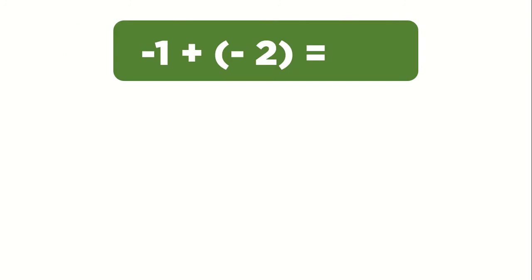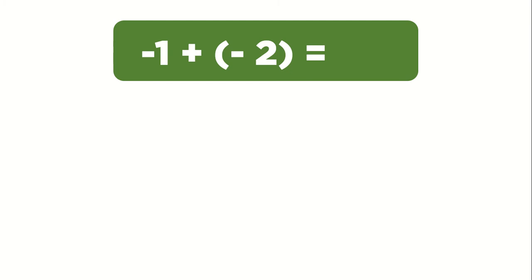Same with the red team. If initially we have 2 red members, and we add more, then the number of members for the red team will also increase. Similar to integers, if it's a red counter, you're referring to negative integers.